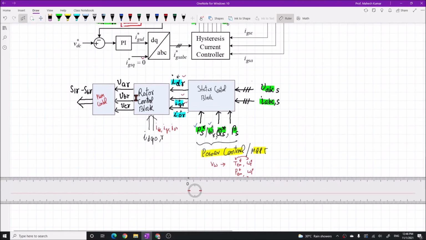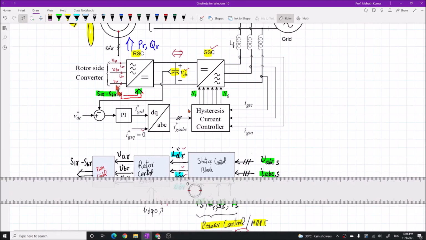So as you can see, these commands are coming back here, and this switching is in such a way that it tracks the given reference current of the rotor. So IAR, IBR, ICR are close to IAR star, IBR star and ICR star.